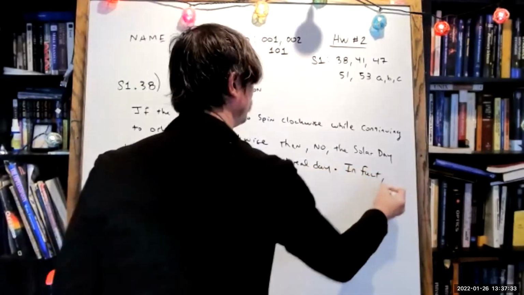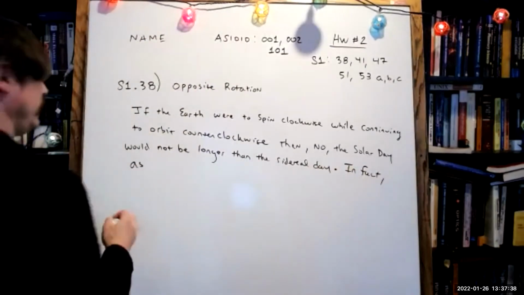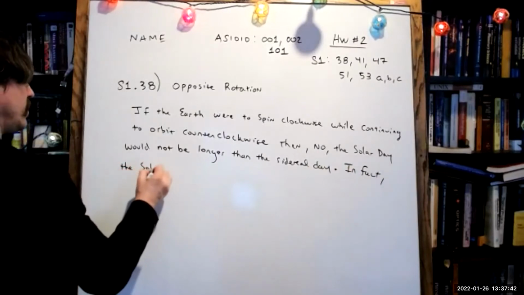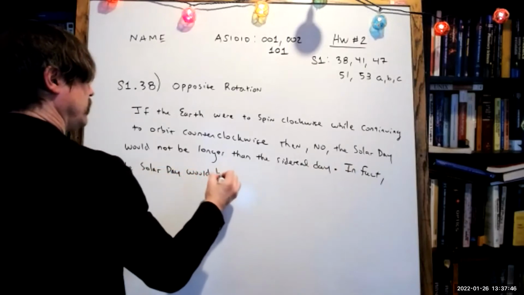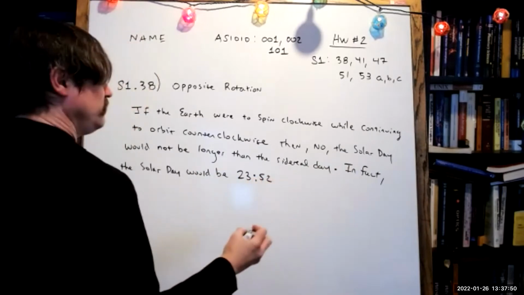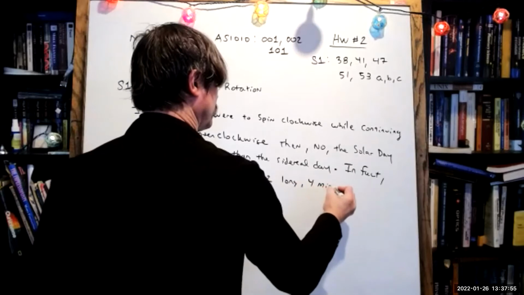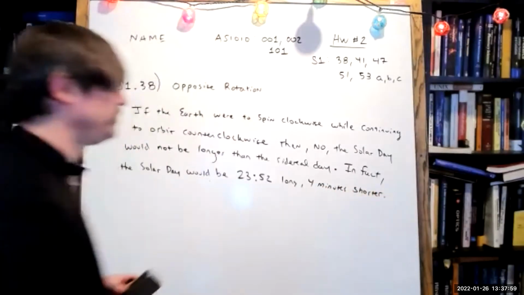In fact, as I think Cole might have pointed out, the solar day would be 23 hours and 52 minutes long, 4 minutes shorter.